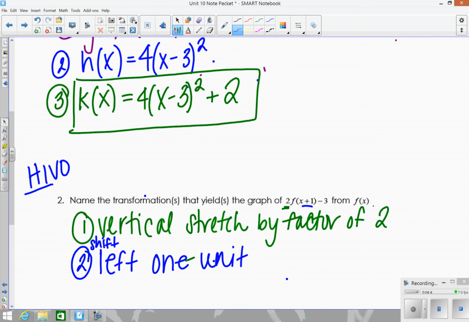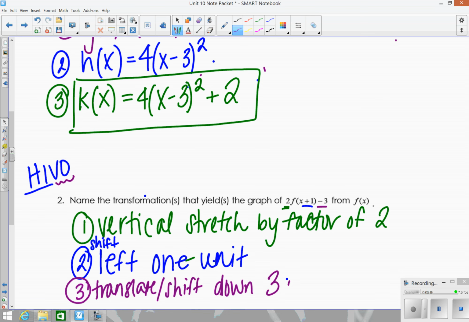And then the last part here is this -3. So since there's a -3 at the end, that's the vertical movement because it's on the outside, and we're going to go down 3. So translate or shift down 3 units. And that's it.